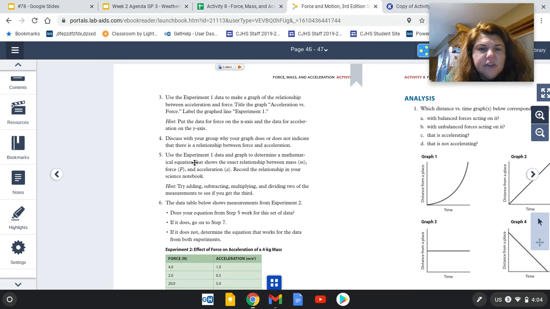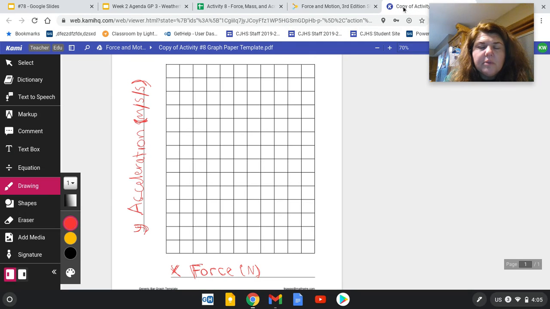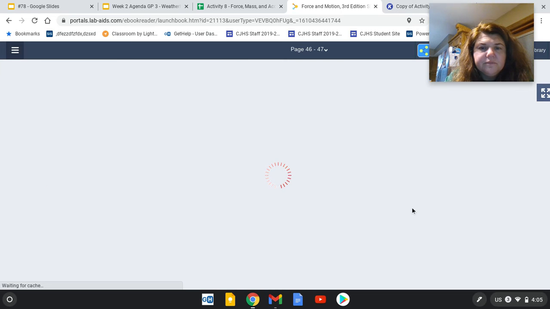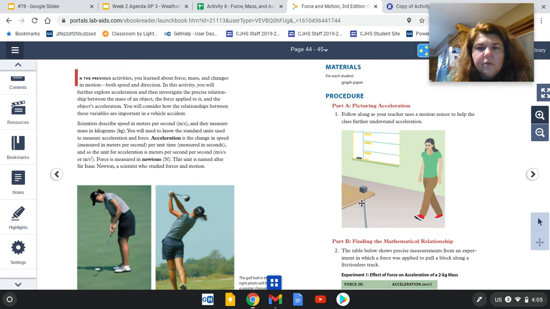And it says use experiment 1 data and graph to determine the mathematical equation. Well, we're not quite there yet because we don't have it graphed yet. So let's finish graphing, and we need to come up with the intervals or the spacing. Well, looking back at the data table, we need to look and find the range.